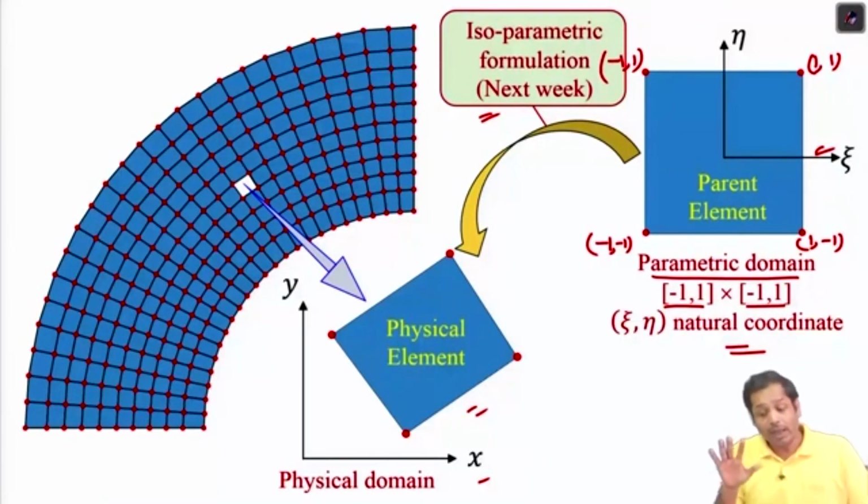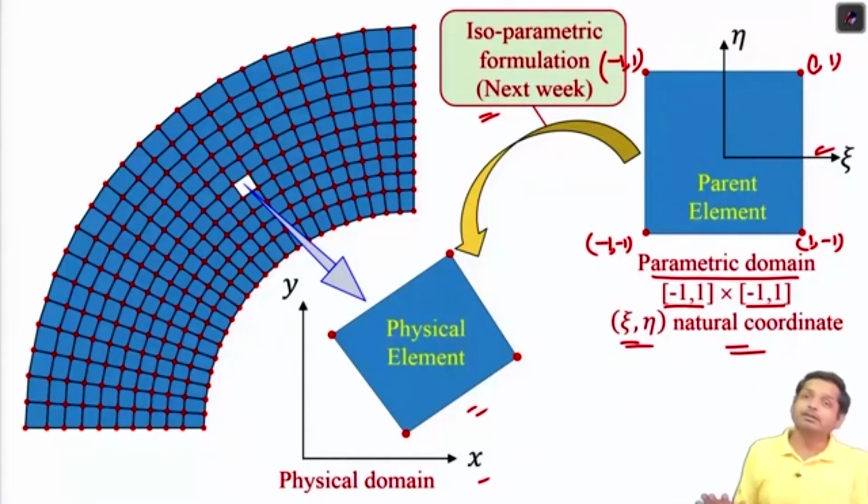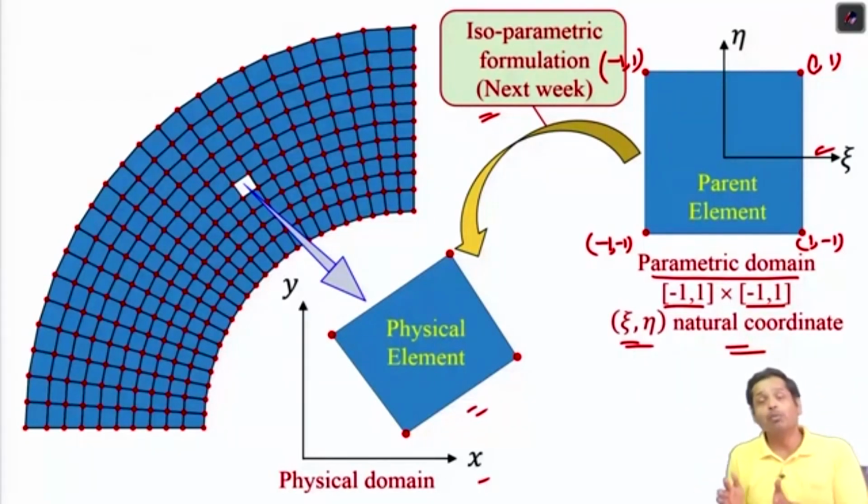But the point is, irrespective of the order of the element, our parent element is this. Our construction of the shape function will be in terms of the natural coordinates, xi and eta. Once we have the shape functions, next, while discussing isoparametric formulation, you will see what to do with the shape function that has been constructed on the parent element.